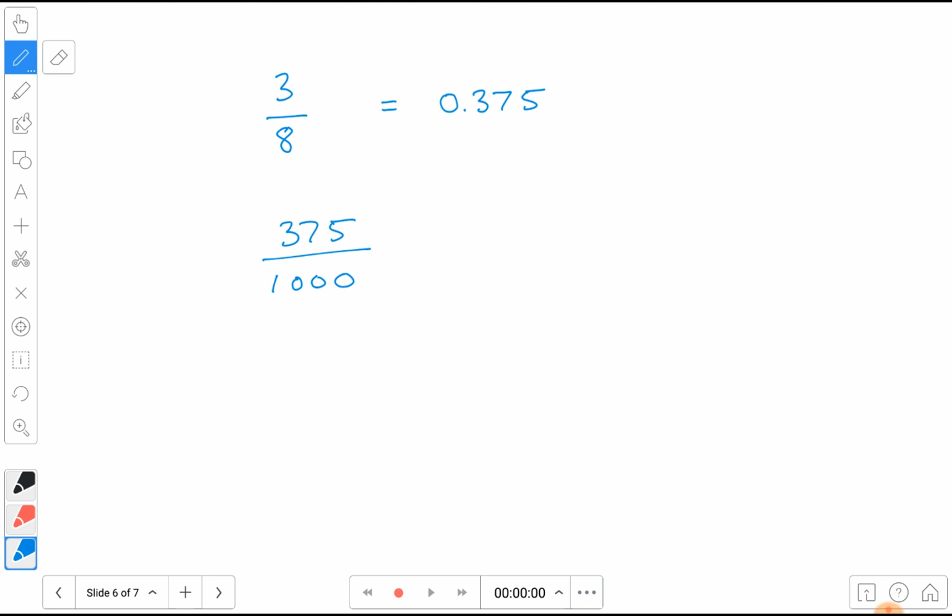You wouldn't normally write decimals in a fraction, but we can do that just for this explanation. We can say this is the same as 37.5 over 100. That's our score out of 100. And 37.5 as our score is 37.5%. So that's how we move between fractions, decimals, and percentages.